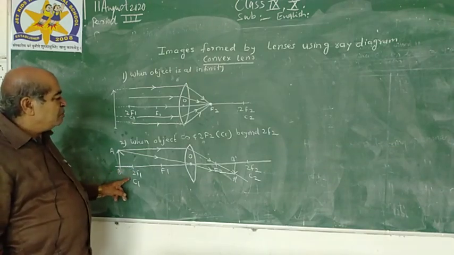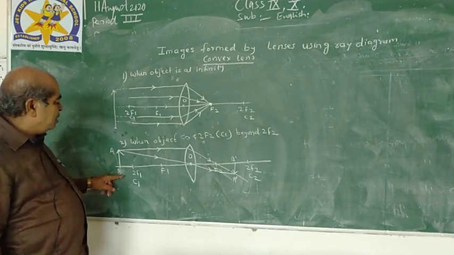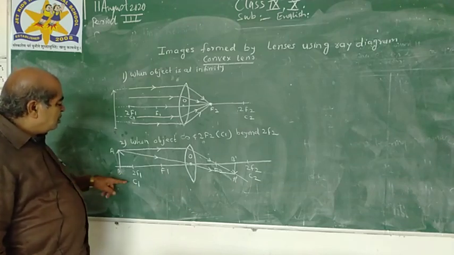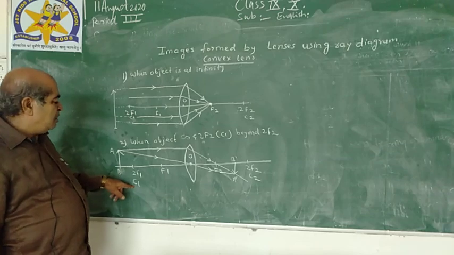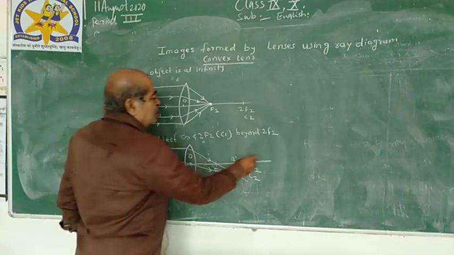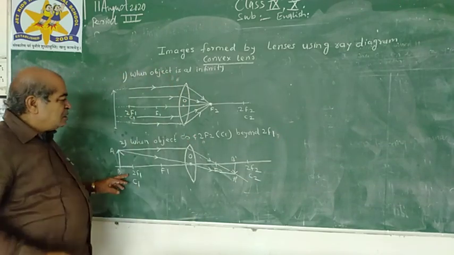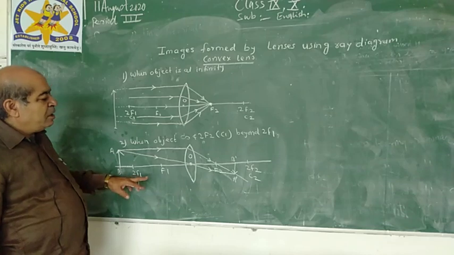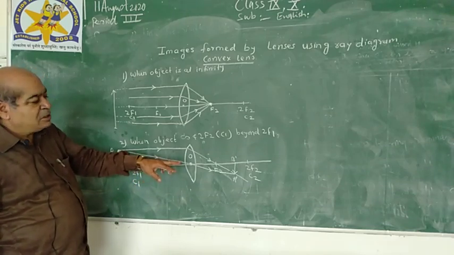Beyond twice F1 means it is between infinity and twice F1, or beyond the center of curvature C1. Then the image is formed between F2 and twice F2.